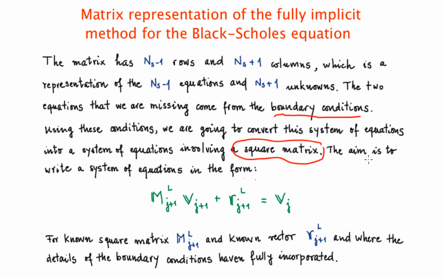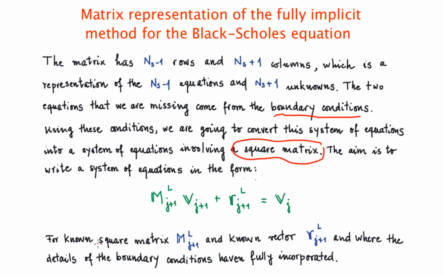So the aim is to write the system of equations in this way: a square matrix, evaluated at time j plus 1, multiplying this v vector evaluated at j plus 1, plus some column, which we are going to call again the r vector, evaluated at time j plus 1, equal to the v vector evaluated at time j.